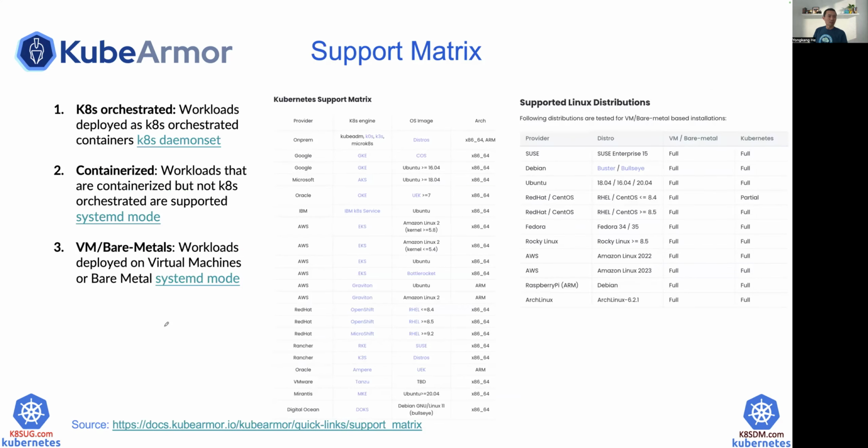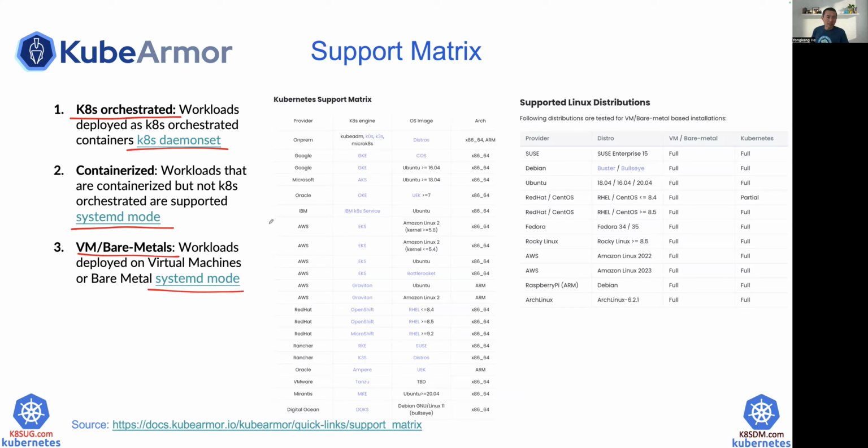So first of all, what's supported? Just to summarize again, Kubernetes workloads can be supported. It can be deployed to a Kubernetes cluster as a daemon set, or to other containerized applications in systemd mode, or to VMs or bare metal machines in systemd mode as well.